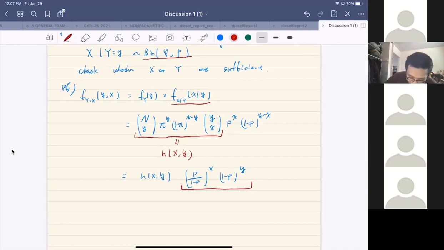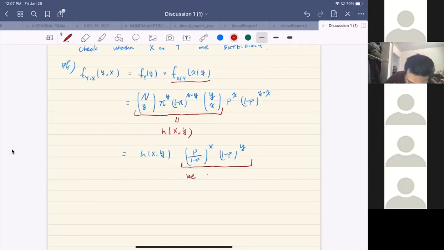And we cannot separate this term. For this term, we cannot separate x and p, and also we cannot separate x and y and p.